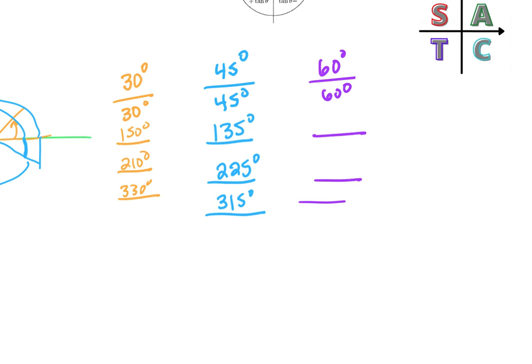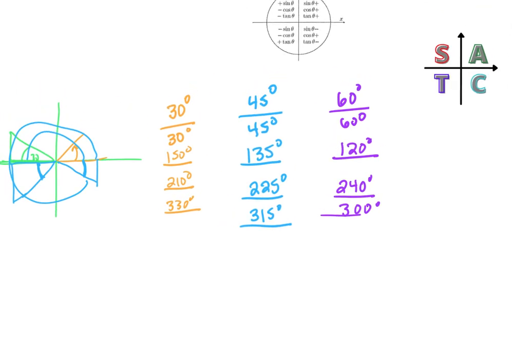So that's our 45-degree reference angles. Now let's talk 60s. So similar process. We know it's 60 degrees in quadrant 1. If we do 180 minus 60, we're at 120 degrees. If we do 180 plus 60, think about the math there, that's 240 degrees. And then 360 minus 60 will be at 300 degrees.